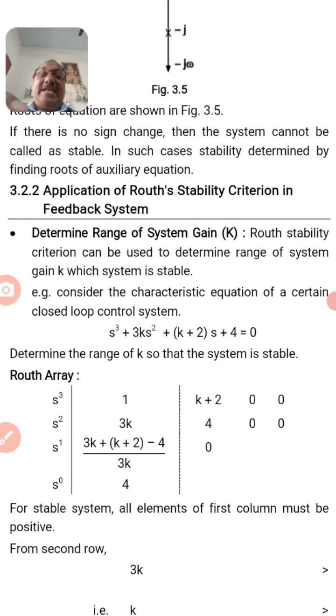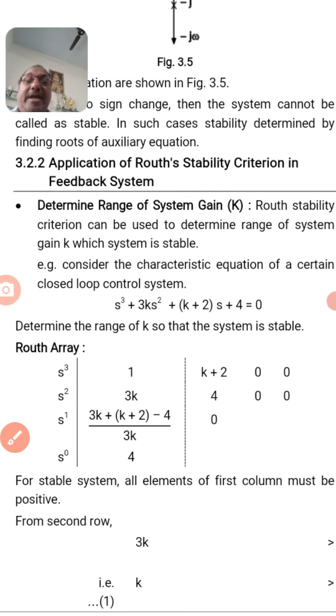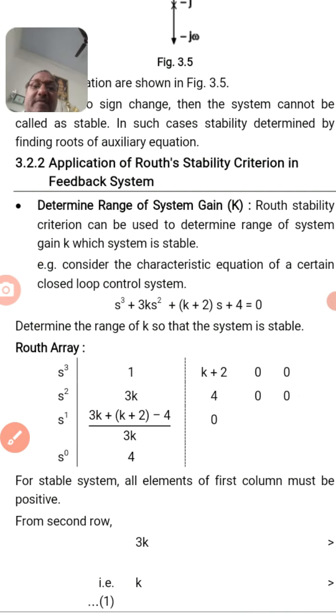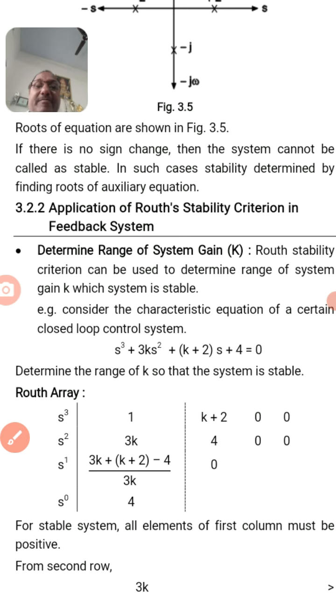Here the gain K is an important parameter for which the system is stable. We want to find out the gain of the system.